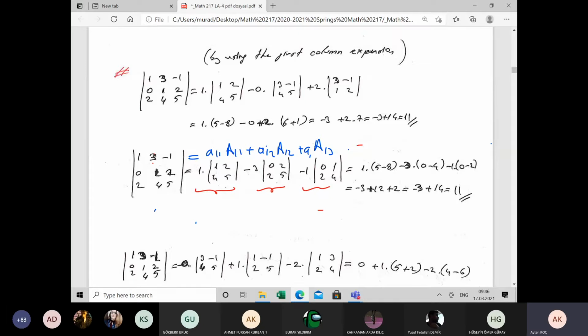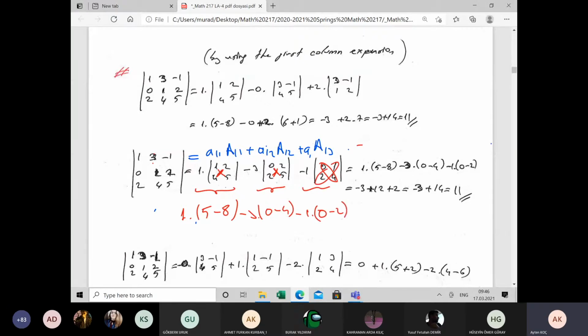This one is 1 times 5, 5, minus 8, multiplied by 1. Then this one is minus 3 times 0, which gives 0. This one is minus 1 times minus 4, this gives minus 2. So we obtain the result.